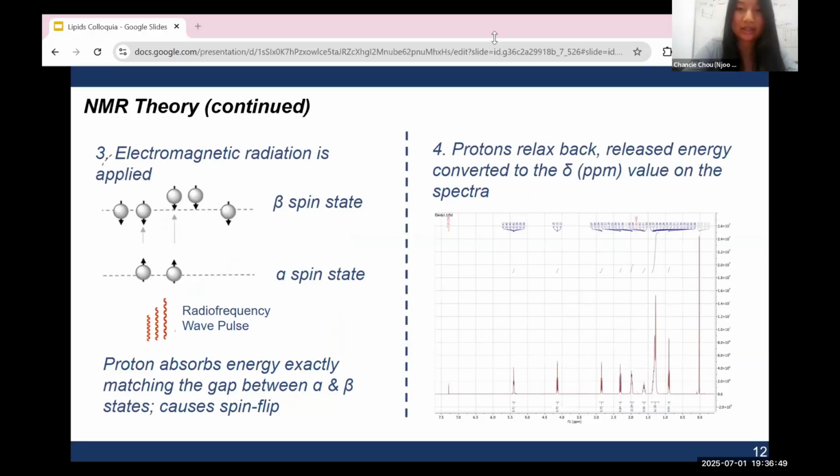In the machine, electromagnetic radiation matching the energy difference is applied, and protons are able to absorb that energy, matching the gap between your alpha and beta spin states. This causes them to flip to the beta spin state. As the protons relax back, they release the energy, and this released energy can then be converted to the ppm value that you see on the spectra.